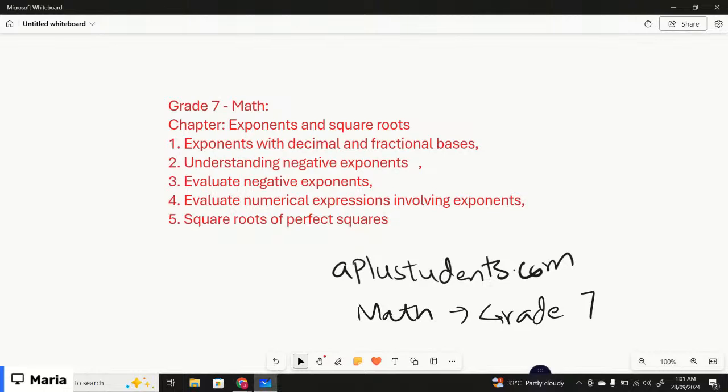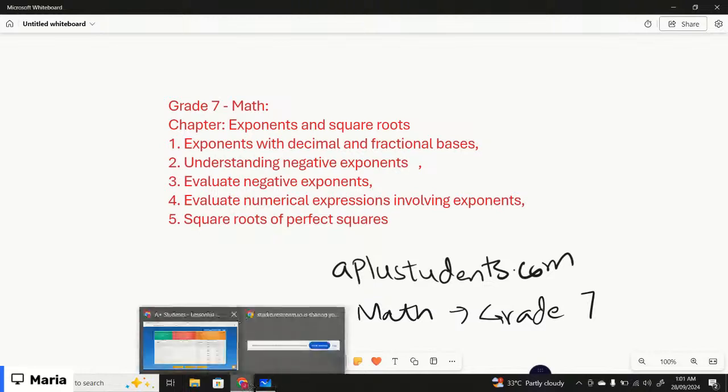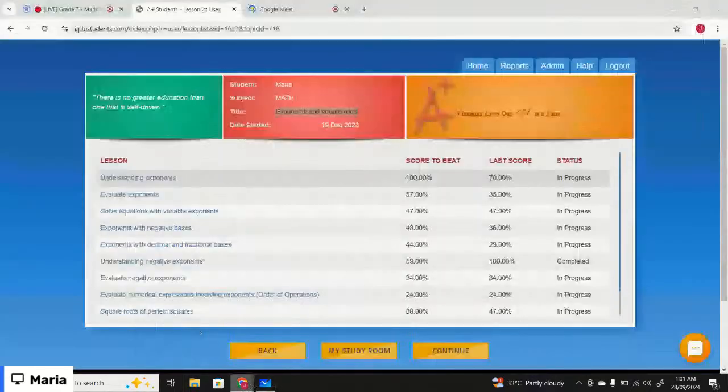So please make sure you have your notebook and pencil so that you can note down the important examples and definitions as well. So here I am on the chapter exponents and square roots.